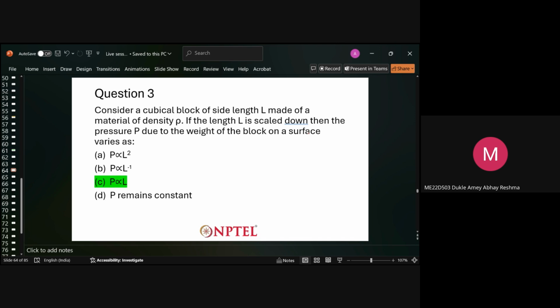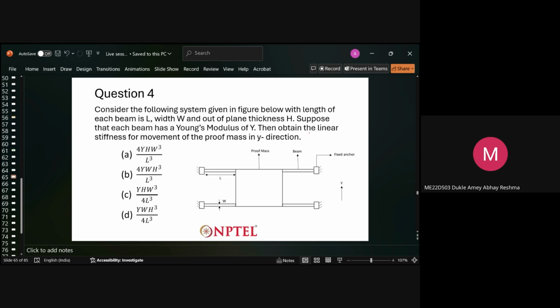If you change the length by a factor of 100, pressure also will change by a factor of 100. So it is a linear relation between the pressure and the length. I hope this question is understood. We move to the next question.